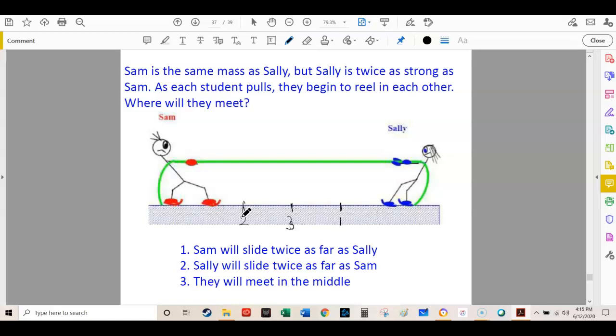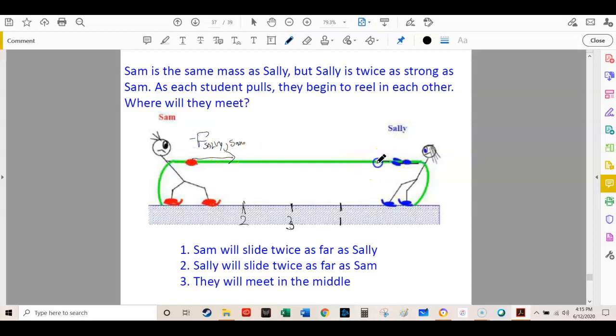Try applying it. So let's do this. Sam is pulling on Sally, okay, and Sally is pulling back on Sam. So Sam feels a rope pulling him to the right, and this is the force of Sally on Sam.